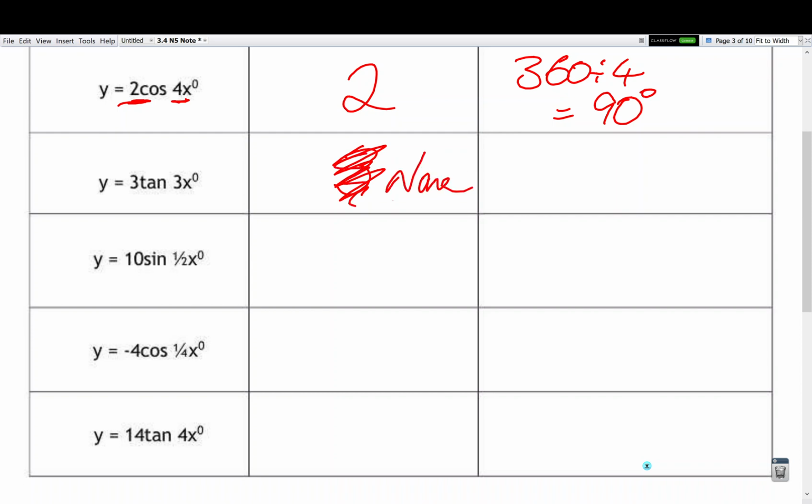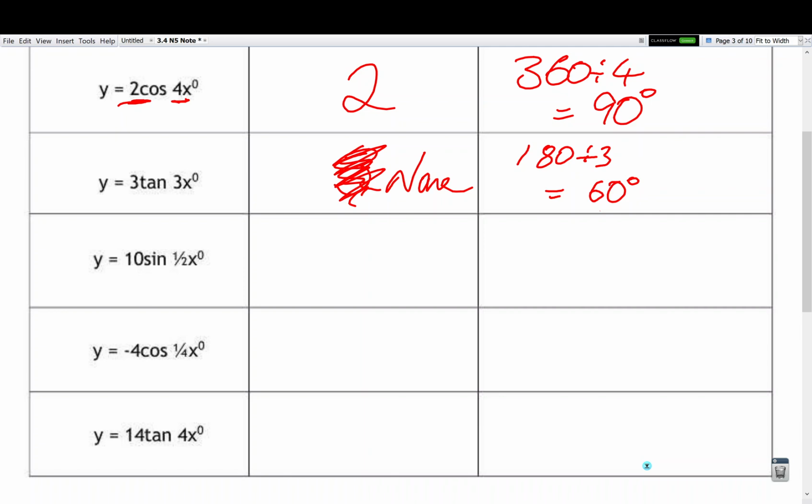The period this time is dealing with tan, which is always a little bit different. The original tan x, remember, had a period of 180. So if we have tan of 3x, it's actually 180 divided by 3 for the period in this case. So 60 degrees. It would repeat itself every 60 degrees.